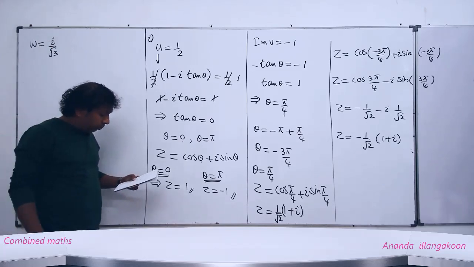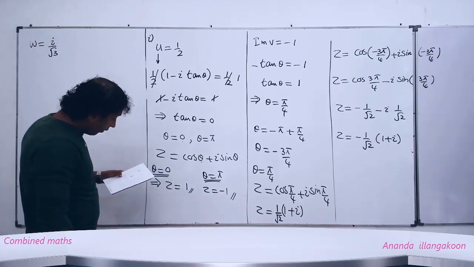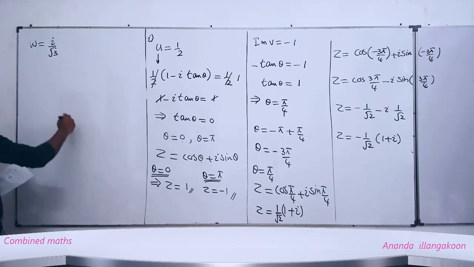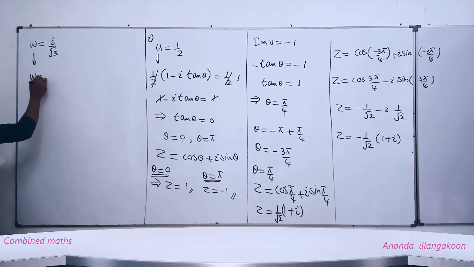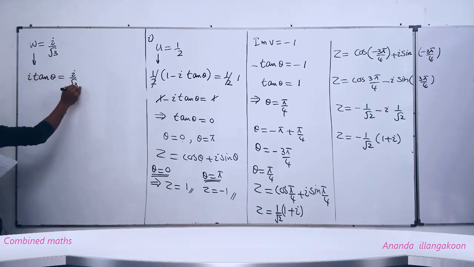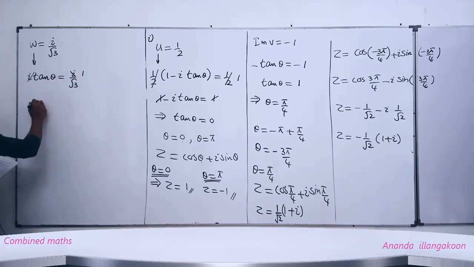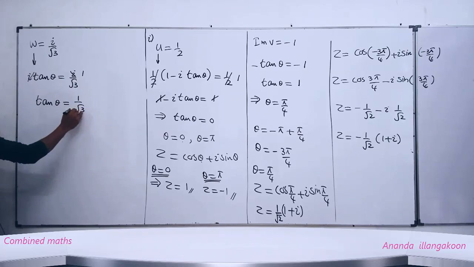Our W complex number we found is I tan theta, no, people? W is I tan theta, no? I tan theta equals I over root 3. This and this you can cancel down. Tan theta is 1 over root 3.